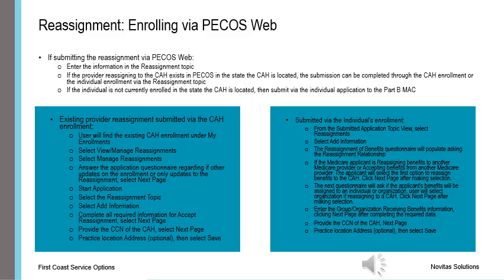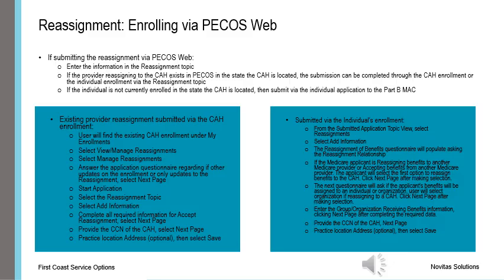Now let's review submitting via the individual's enrollment. From the Submitted Application topic view, select Reassignments. Select Add Information. The Reassignment of Benefits questionnaire will populate, asking the reassignment relationship.